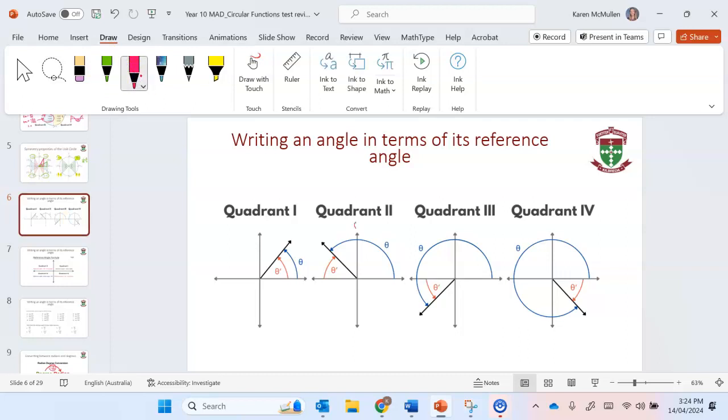If your angle is between 90 and 180, which it is in this one, we go 180 minus theta. So we're going that way to get our angle. If it's between 180 and 270, we go 180 plus our angle. And if we are between 270 and 360, we go 360 minus our angle. So we always go from the horizontal.